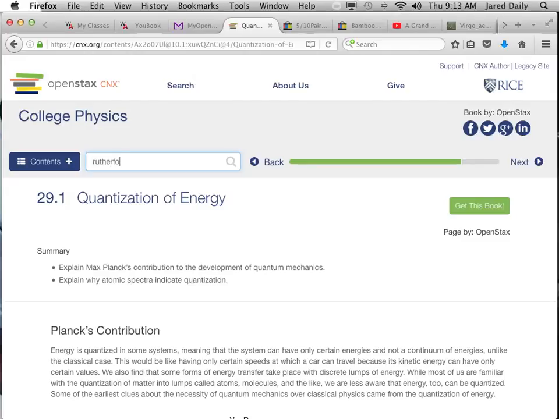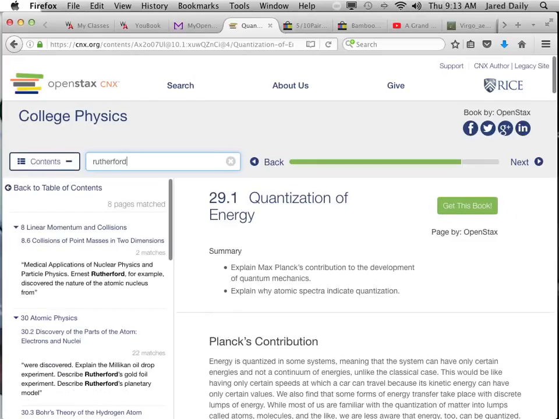I'm sure it's here somewhere. It's probably in the atomic section, which is a couple of chapters down the road here. It's actually back in chapter 8 and in chapter 30.